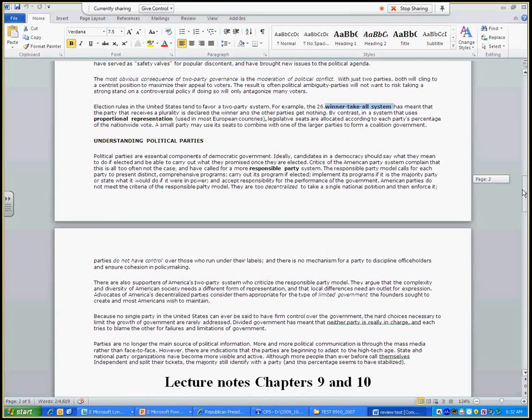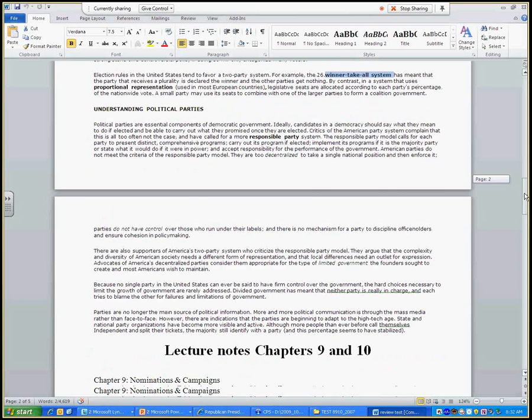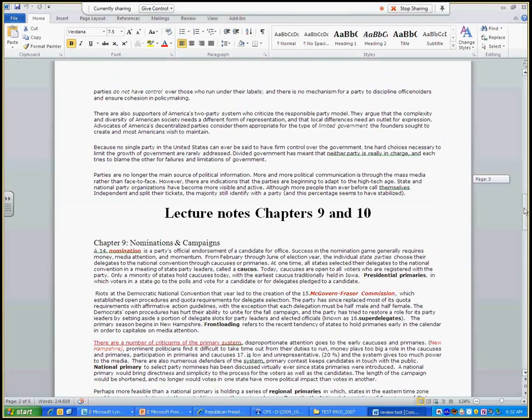And of course, also for third parties, in our system, only one person can be elected from a district. Some countries let 4 or 5 be elected from a district. That's called single member districts. Okay, I'm going to stop here.